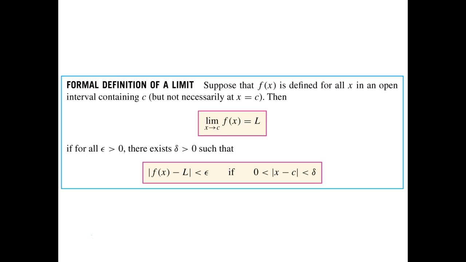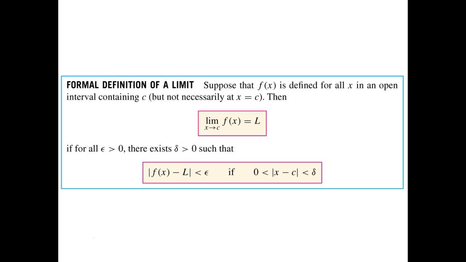okay, the absolute value between f of x and L, you can choose this as small as you want. This has to be greater than 0. You know, can't be equal to 0, but as close to 0 as you want to get.